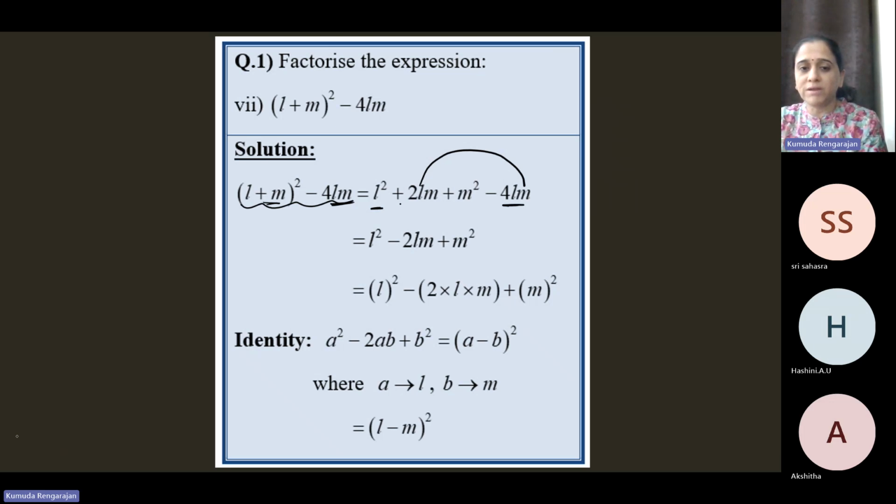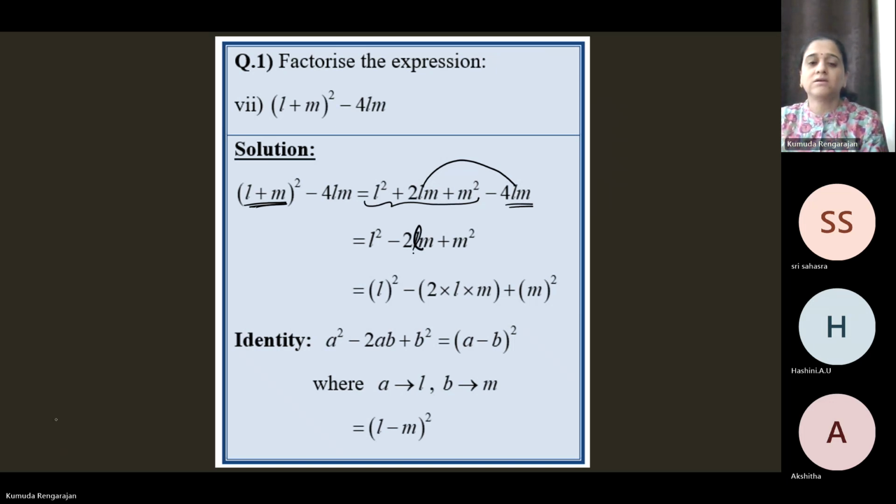Minus 4lm plus 2lm is minus 2lm. First expand this using the identity a plus b the whole square, so you get these three terms, and this minus 4lm as it is. Now these two are like terms, so simplify. You get minus 2lm.